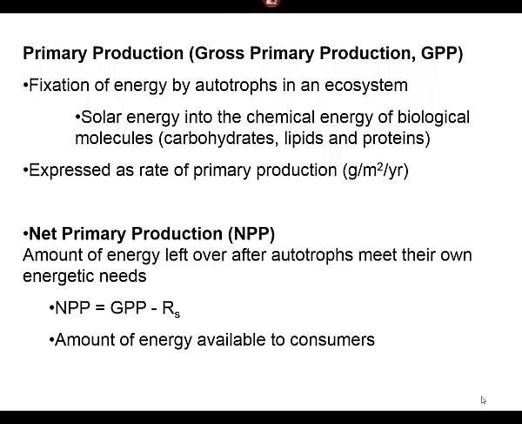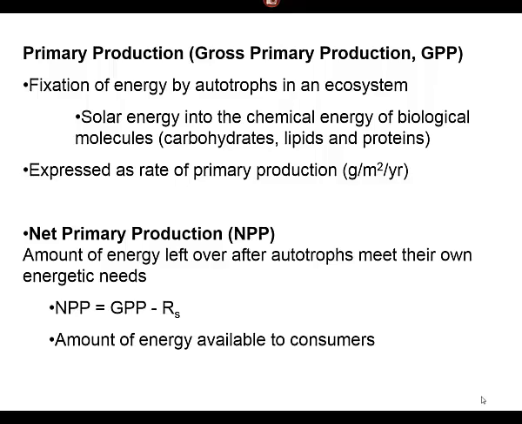So one of the measures that we're going to be working with most often is net primary production, or the amount of energy left over after autotrophs meet their own energetic needs, meaning after they have made the ATP from cellular respiration that they need in order to survive. So NPP is gross primary production minus the amount of production lost to cellular respiration.